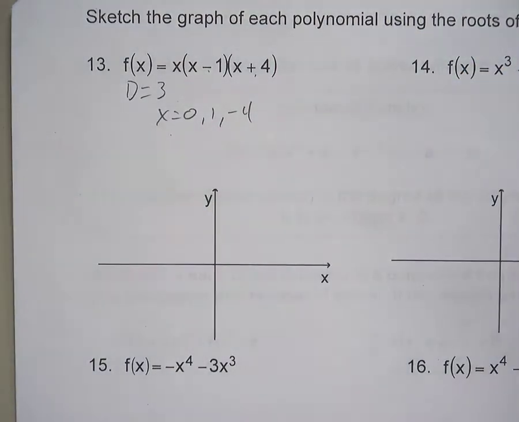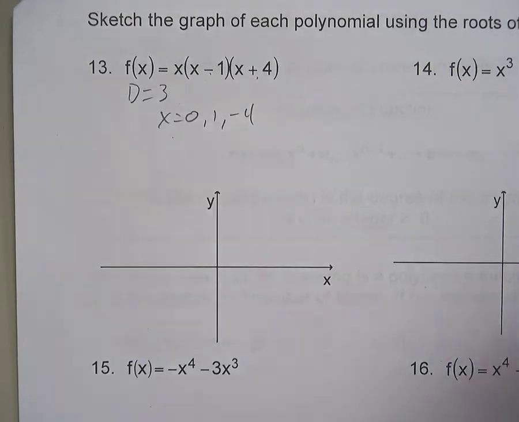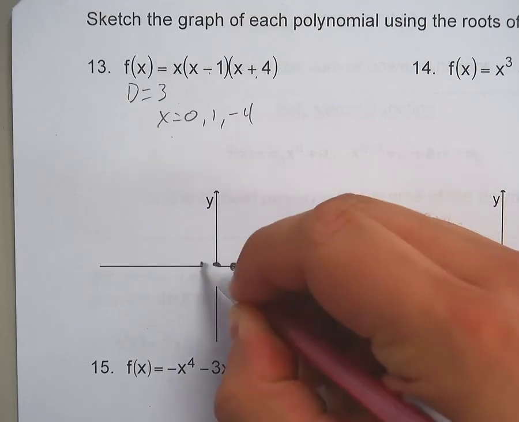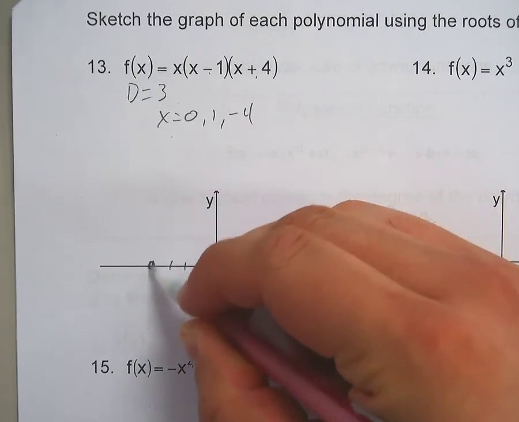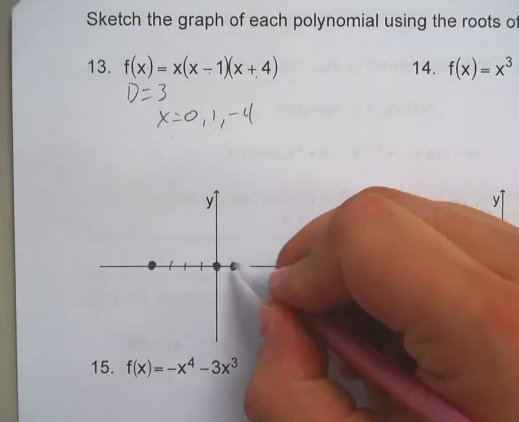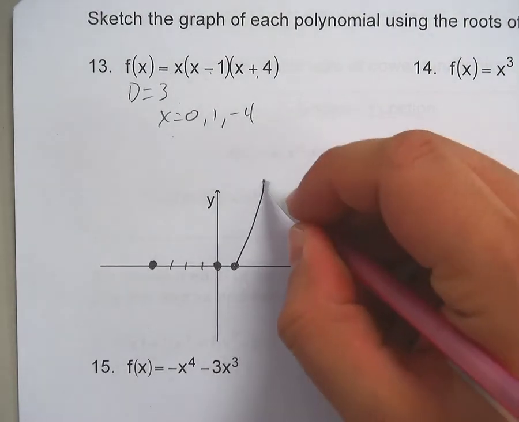Notice how I don't have any repeats, right? Everything is positive here, and if you ever get confused, you can always multiply it out. But everything is positive, so my right end goes up.